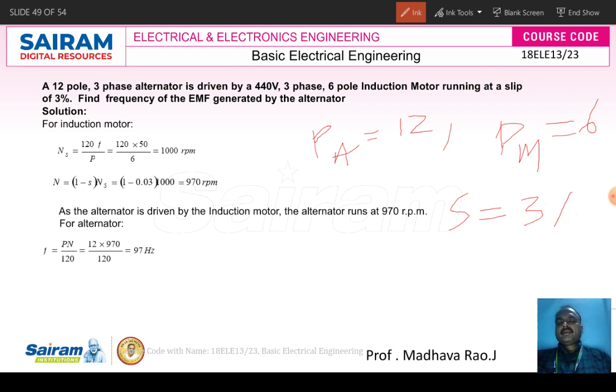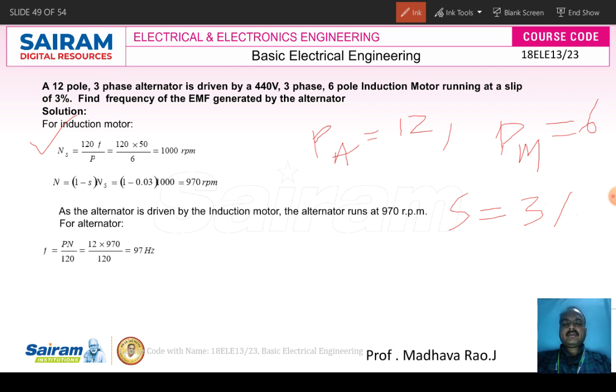Here the synchronous speed Ns is equal to 120 F by P. For the induction motor, you will get synchronous speed equal to 1000 RPM. N is equal to 1 minus S into Ns, which is 970 RPM.